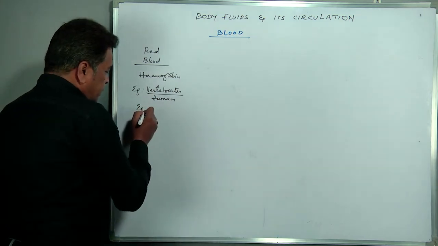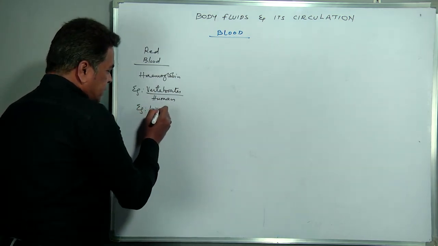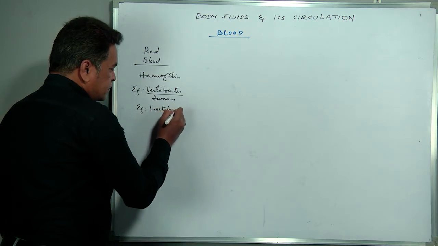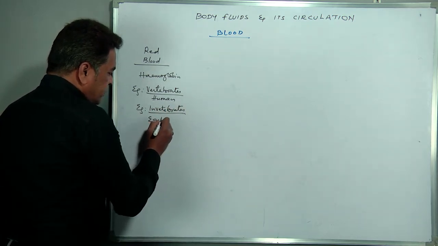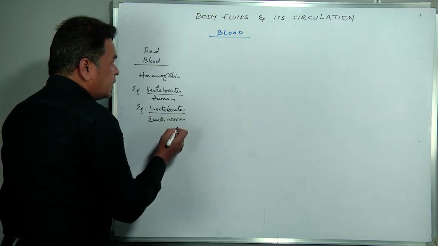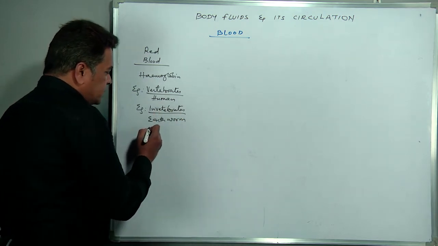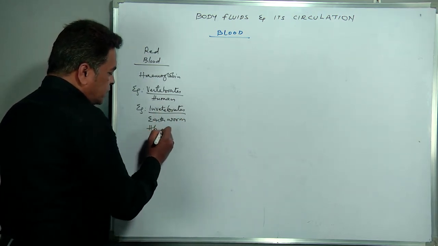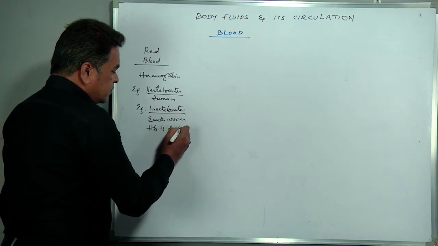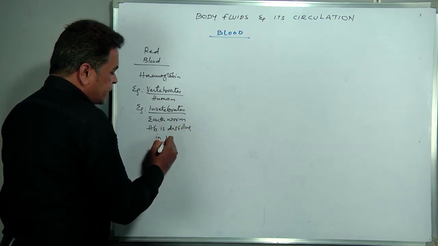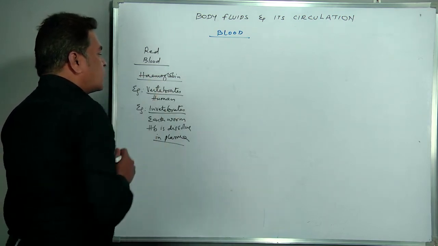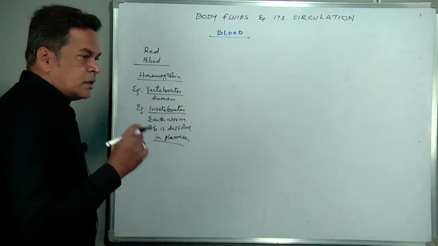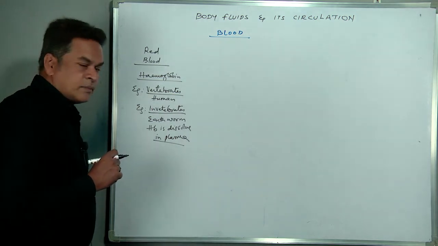In invertebrates, such as the earthworm, the hemoglobin is dissolved in plasma, whereas the hemoglobin is present in RBC in the case of vertebrates.